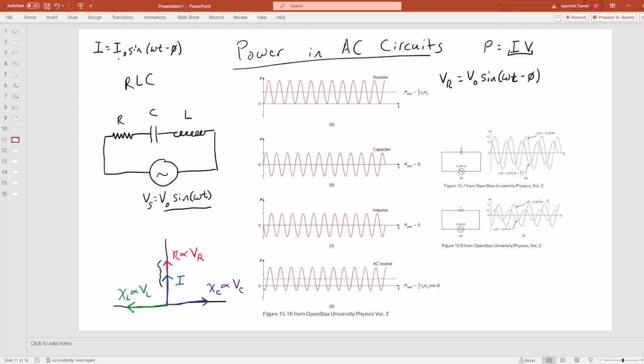So wherever my sinusoidal signal is for my current must be in phase with my sinusoidal signal for the voltage across my resistor.